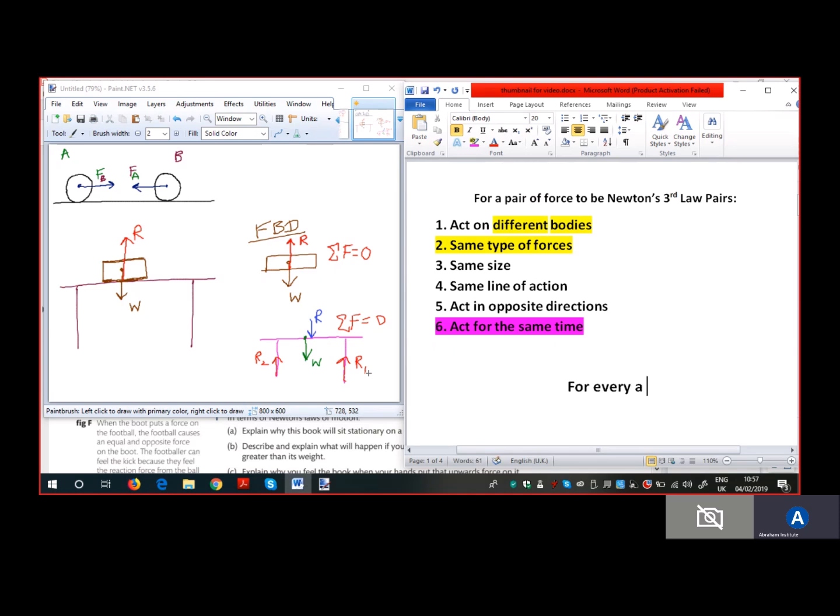Also, another way of saying this is if body A exerts a force on body B, body B exerts an equal and oppositely directed force on body A. Okay, so another way of stating Newton's third law is if body A exerts a force on body B, body B exerts an equal and oppositely directed force on body A. This is Newton's third law.